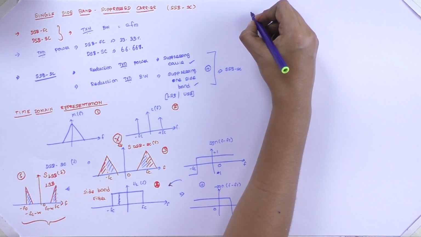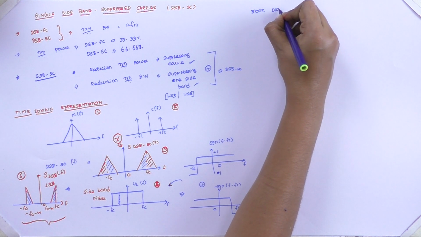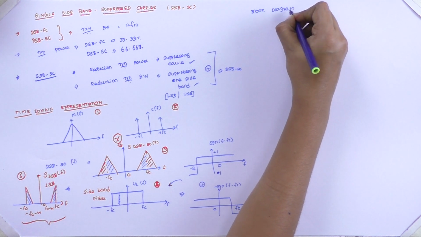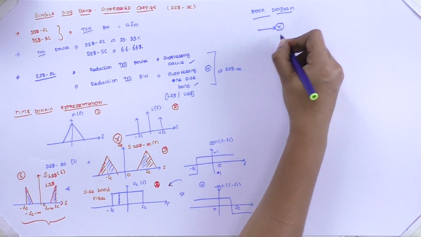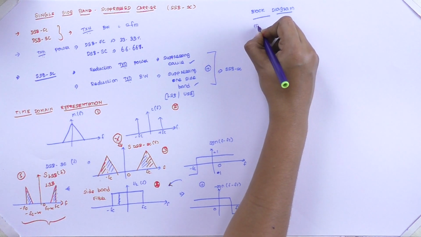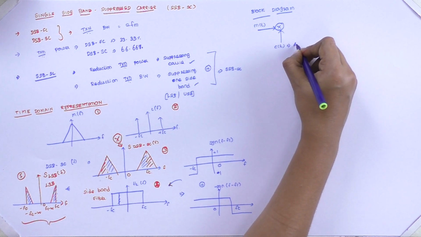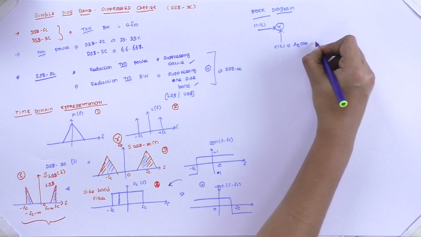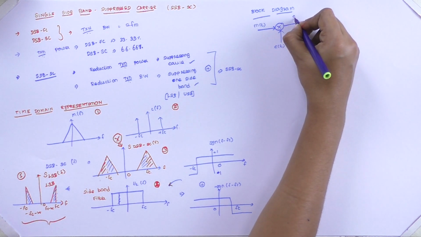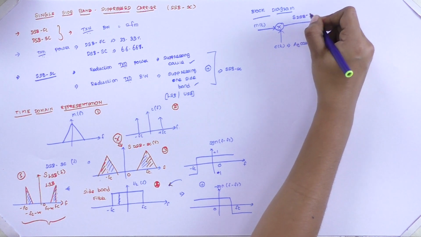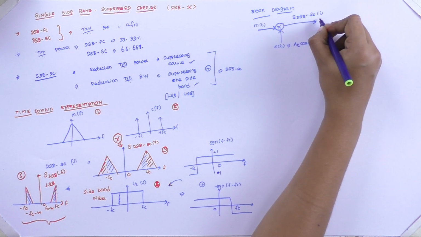We can draw a block diagram for easy understanding. We have to apply our message signal and carrier signal to a product modulator. The carrier signal is Ac cos omega c t, and the result will be the spectrum of double sideband suppressed carrier.